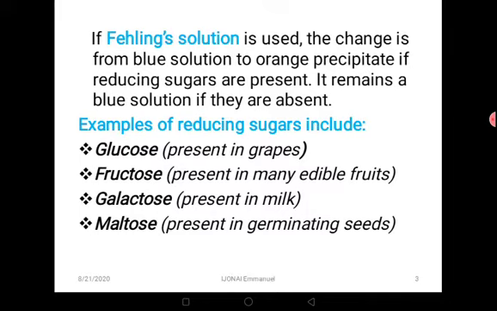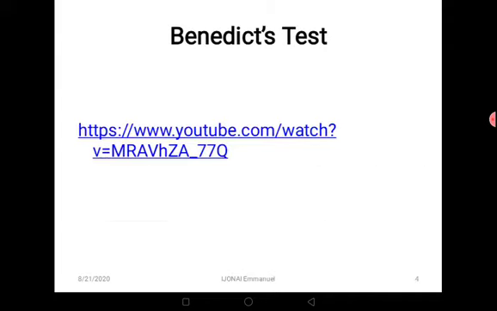Galactose is usually in milk. Maltose is usually in germinating seeds. So any of those samples can be crushed, and you can be told to test for reducing sugars. You will find them present. What will vary is the amount. But that is the source of the reducing sugars that you are given in the laboratory. They are got from those samples.